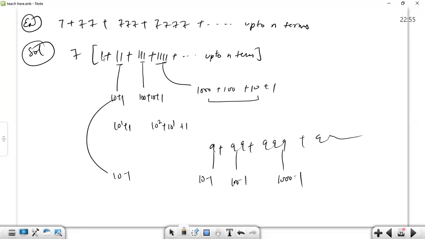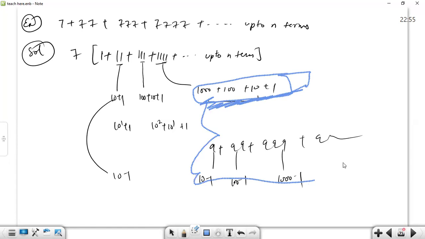So let's try to make this 9 instead of 1. Do you understand why 9? Why not this particular pattern? Because having four terms will not be able to simplify. Two terms can be managed, and I will show you how we can manage them.